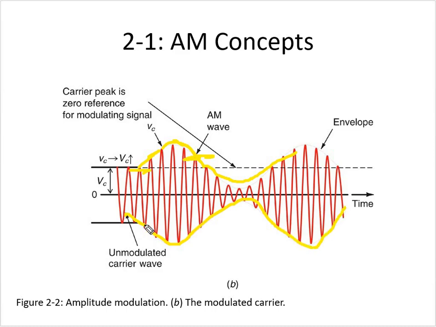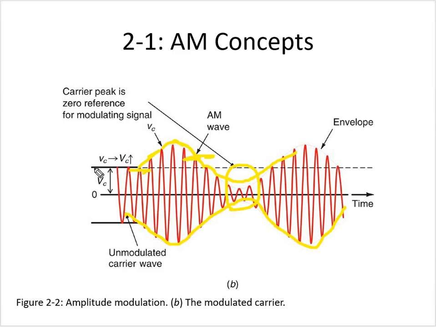So whenever we increase on the negative side, the amplitude at the negative end of the carrier signal is also increasing, and when the amplitude of the message signal decreases, then you can see in this portion the amplitude of the carrier signal is decreasing.